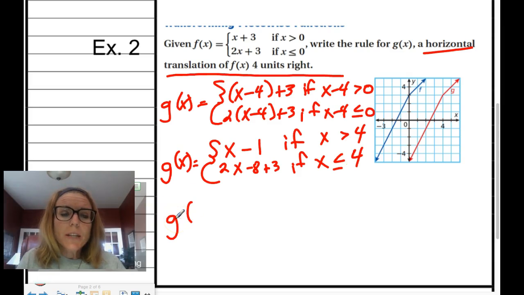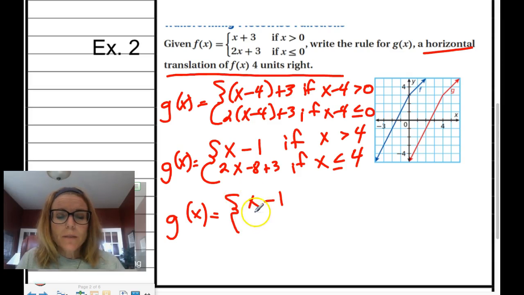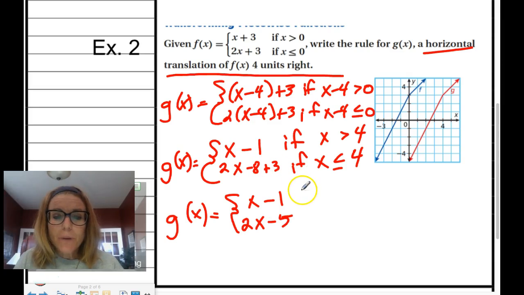Well, we're just about done, but not quite. We still have x minus 1, but underneath we have 2x minus 8 plus 3, which is the same thing as 2x minus 5. On top we have if x is greater than 4, and right down here we have if x is less than or equal to 4.